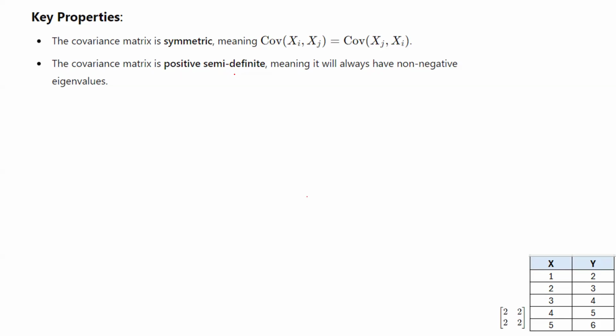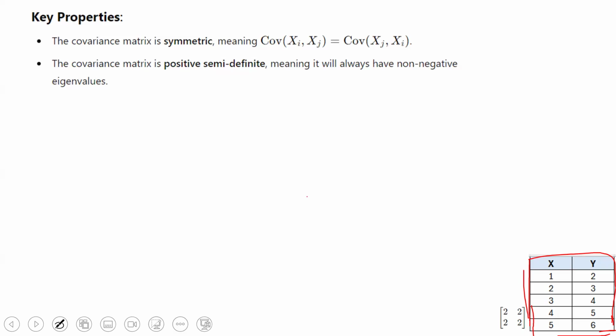Okay. Now, given these data points, you have to calculate the covariance matrix. So how many dimensions do you have? Two. How many points do you have?